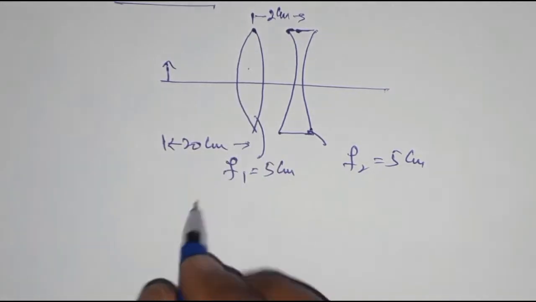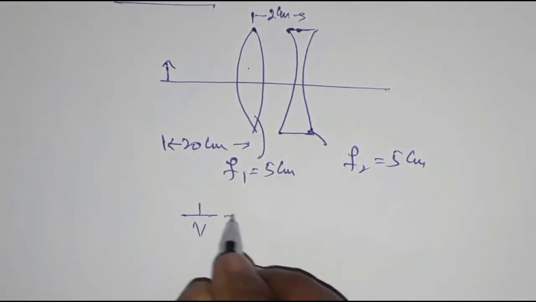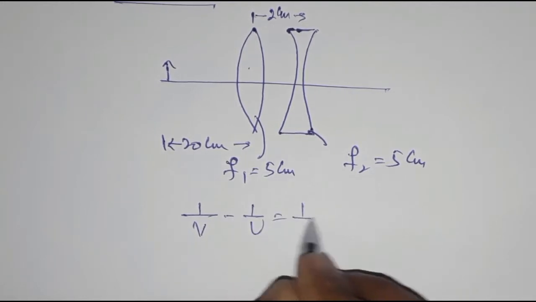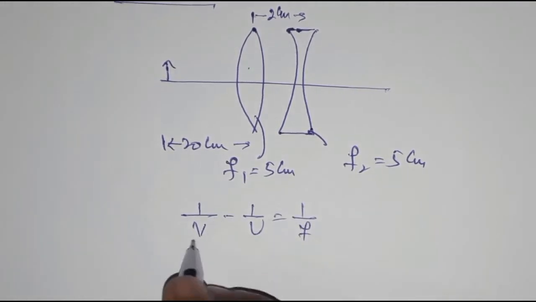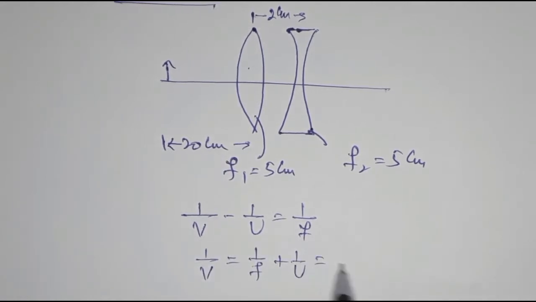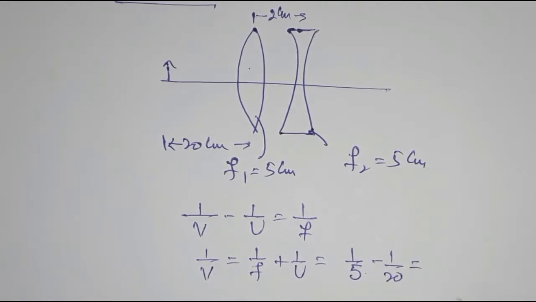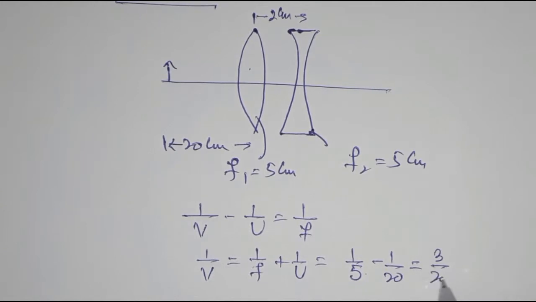Let us apply 1 by V minus 1 by U is equal to 1 by F. To find 1 by V, that is the position of the image, 1 by V is equal to 1 by F plus 1 by U. 1 by F is 1 by 5, taken as positive, and minus 1 by 20. So this comes to 3 by 20 centimeter, that is V is equal to 20 by 3 centimeter.